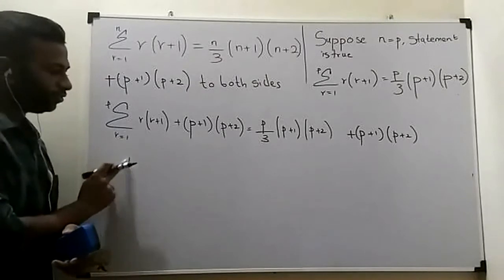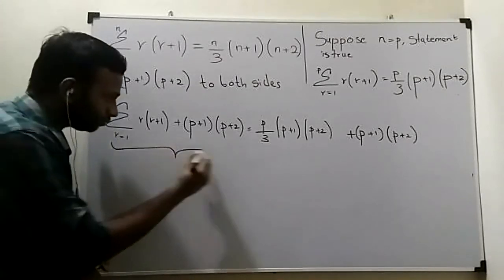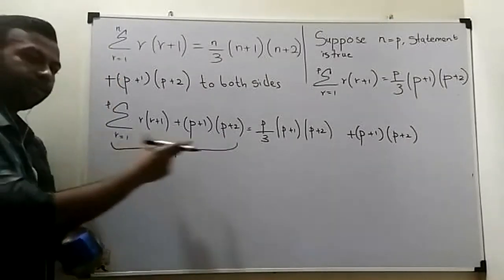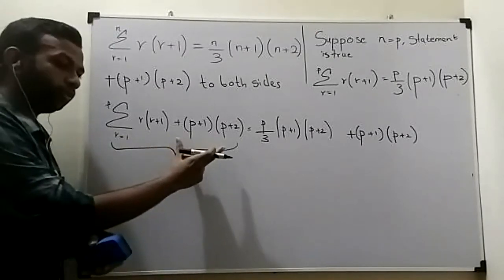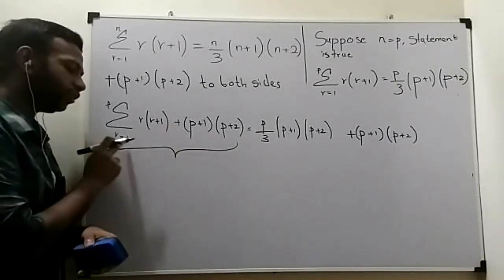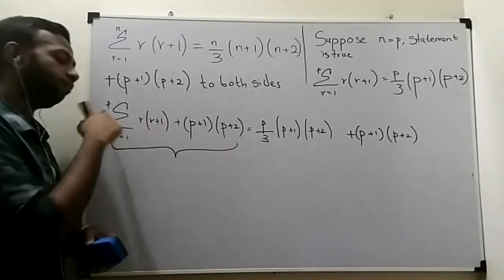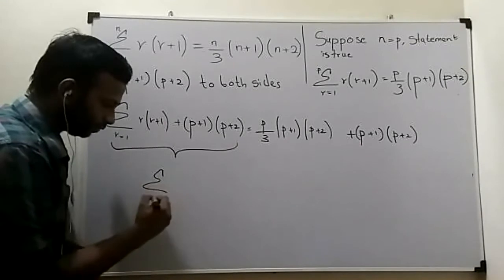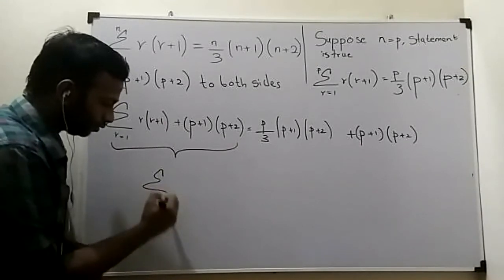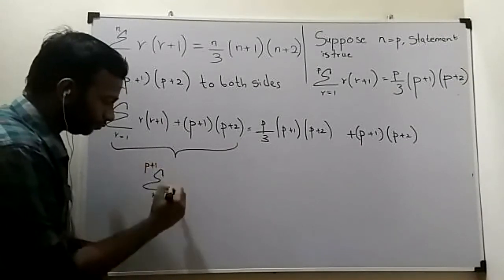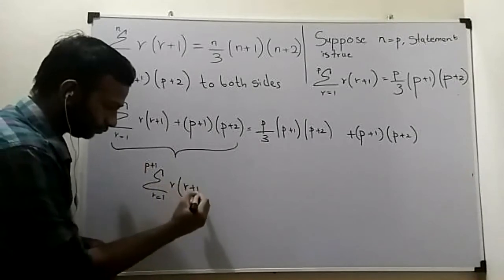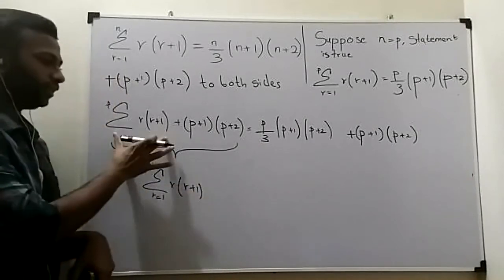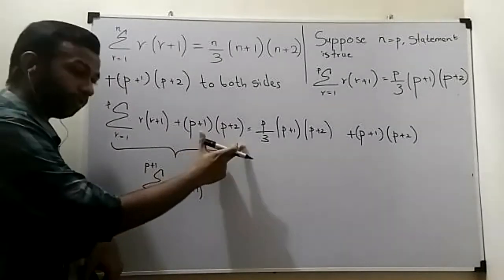So what is this whole term? For this, we added the next term, P plus 1, P plus 2, which means this is actually R equals 1, going not just to P, but to P plus 1. Up to P was this, and the next term was P plus 1 into P plus 2.